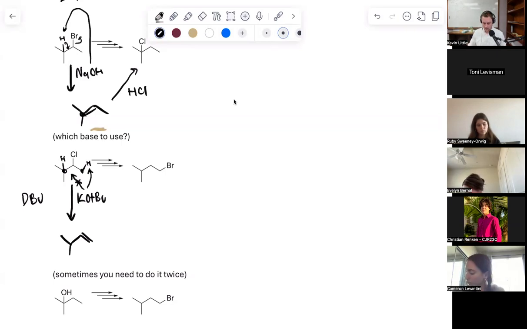Which is helpful, right? Because I want to add this bromine all the way over here. So making the double bond on the left wouldn't have been helpful. I want to make it to the right of that leaving group.